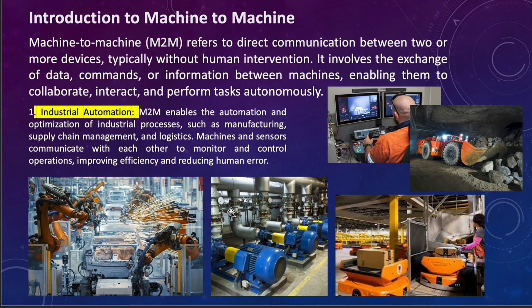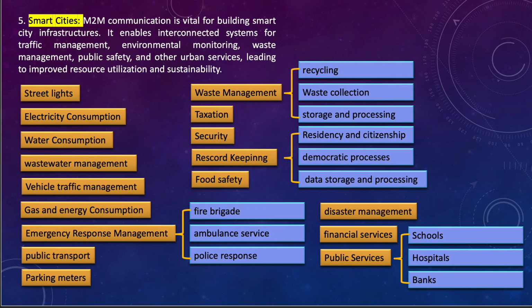So again, machines talking to machines. Everything, the data will be processed, and from that processed data, either humans will be making decisions or pre-written code will be helping to send the command to take the decision, right?